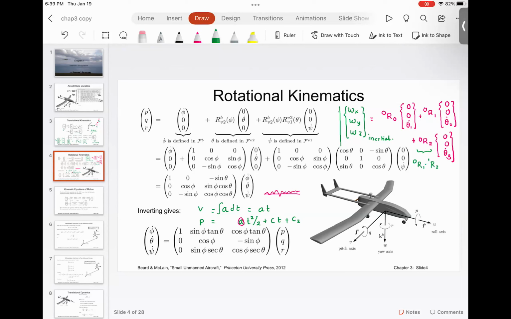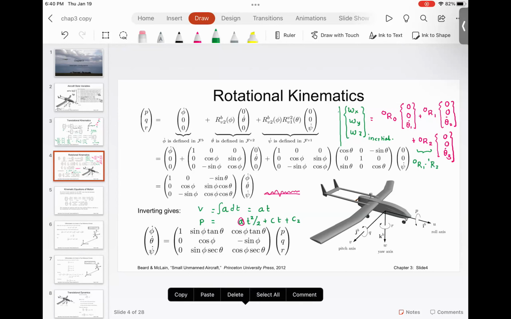Remember, we did this in robotics 1. We are going to use the exact same approach to find the rotation kinematics, and for that we are using these rotation matrices.